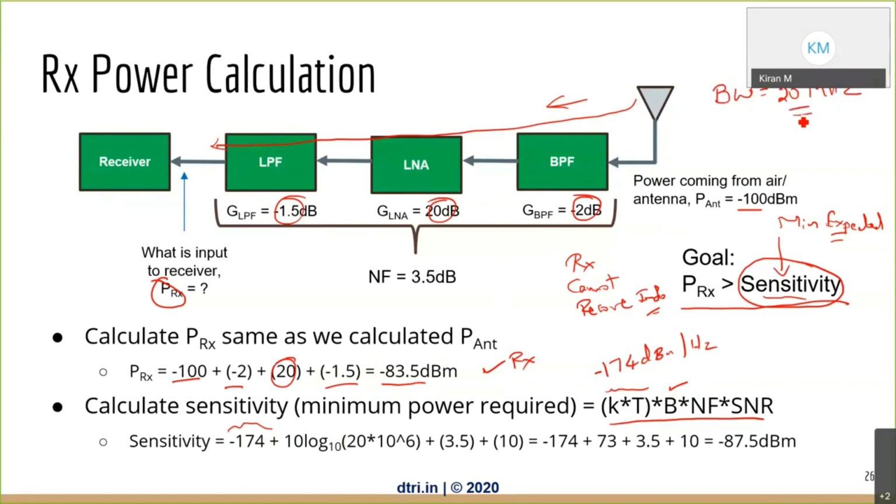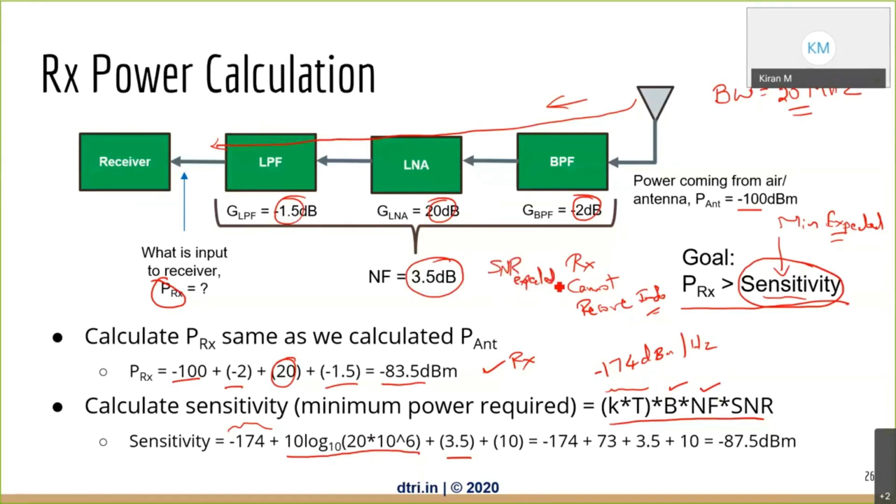Let's say this is a 4G or 5G system with 20 megahertz bandwidth. Since it's in megahertz and the calculation is in dB, you have to take a dB scale, so I'm doing 10 log10 of 20 megahertz. The next number is the noise figure, which we already know: 3.5 dB. Then there is an SNR requirement, which I told you about in the previous slide.